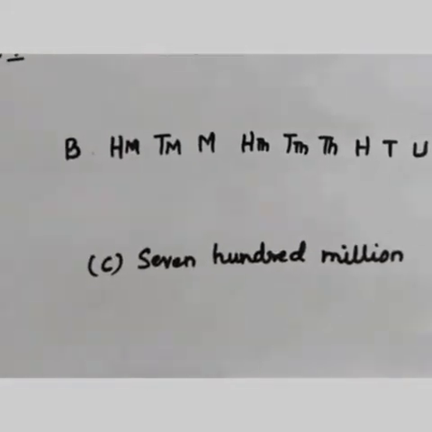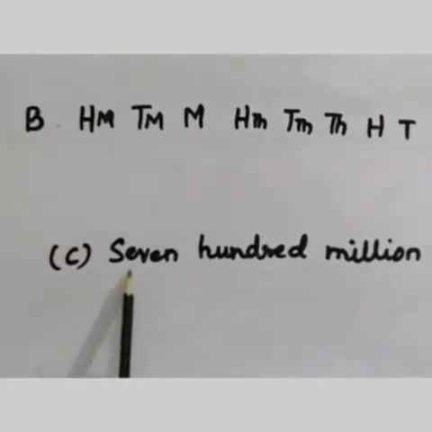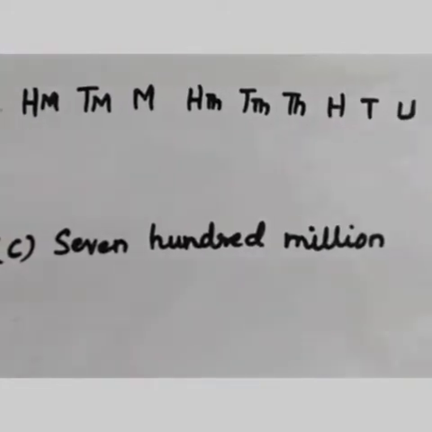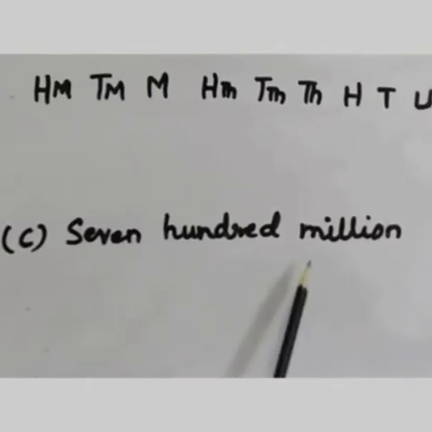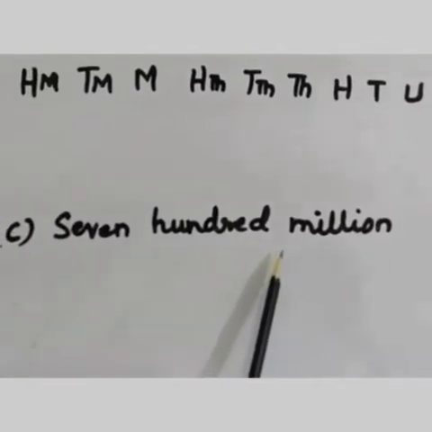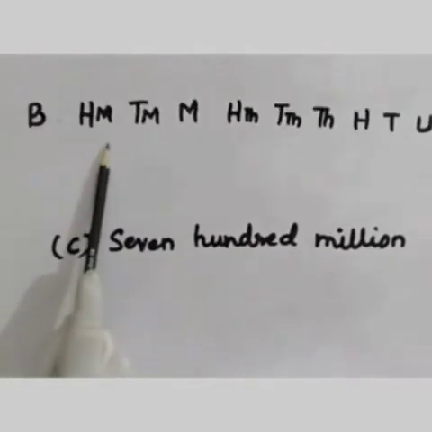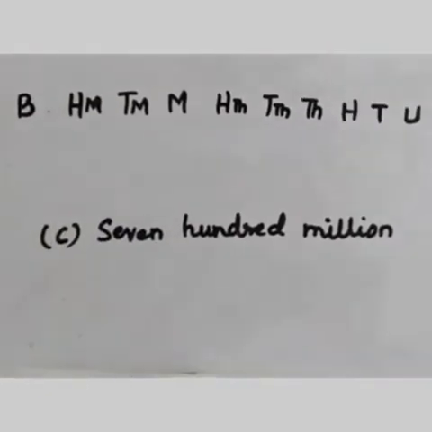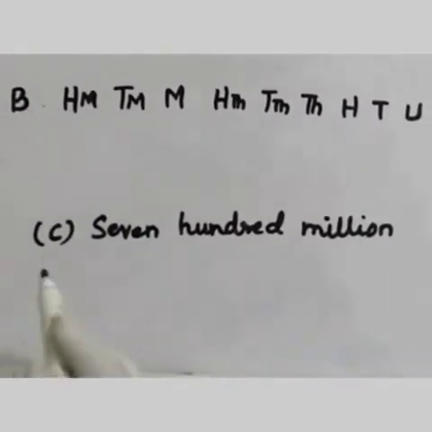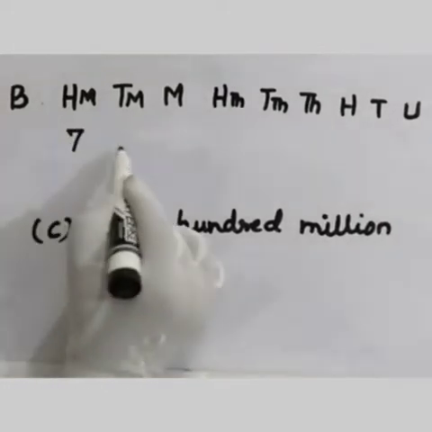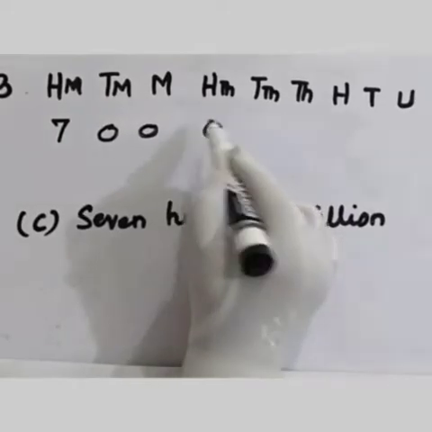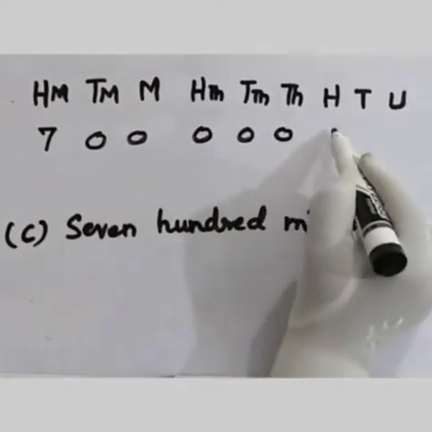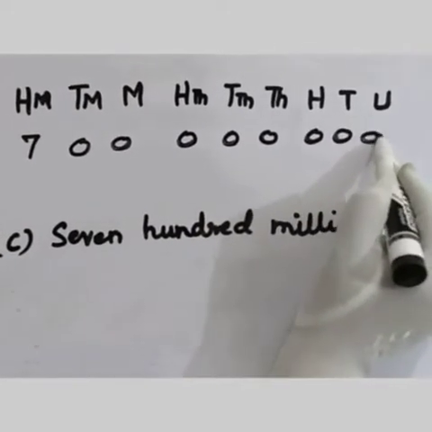In part C, the number is 700 million. So we start from the 100 million and the number is 7. So we write 700 millions. The rest of the numbers are all zeros.